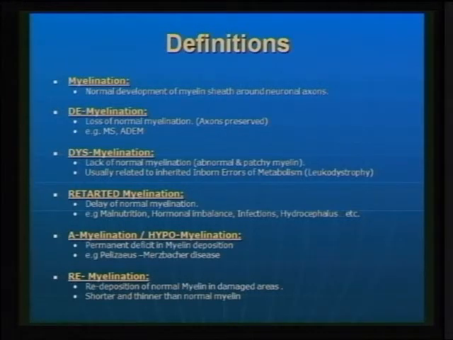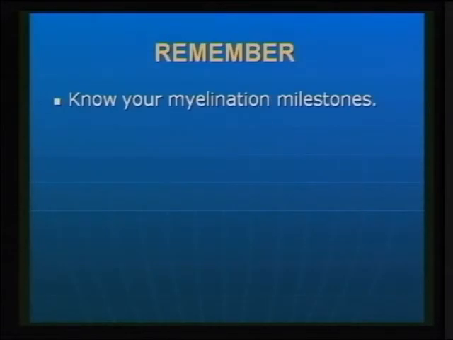Now, remyelination is the repair process that usually occurs after recovery from infections, recovery from long-standing malnutrition, or recovery from MS. However, the redeposited or newly formed myelin is never as normal as it should have been in the first place. So having these terms clear in mind is very important.